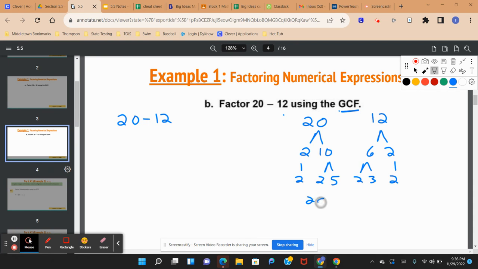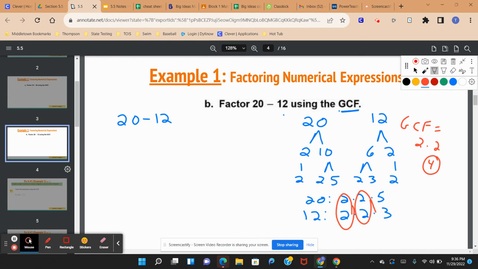All right, so 20 is 2 times 2 times 5, and 12 is 2 times 2 times 3. Let's circle what we have in common, which are the two 2's. So your GCF is 2 times 2, which is 4. That's what we're going to be factoring out.